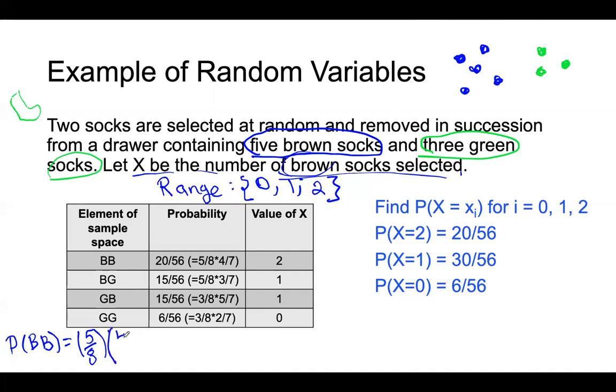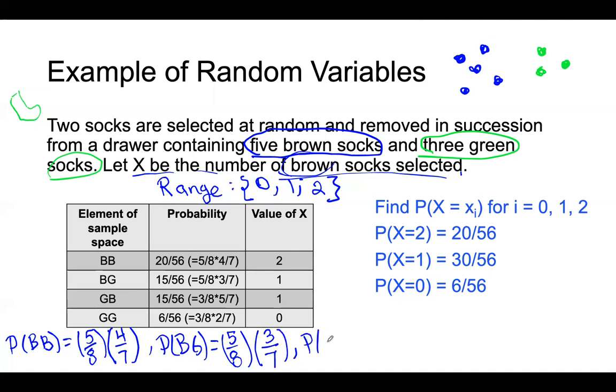So now we have 4 divided by 7 in terms of the brown socks. Probability that you get a brown sock first and then a green? Well, you select 1 brown sock out of the total of 8. And now we select a green sock. So you have 3 choices there out of 7.